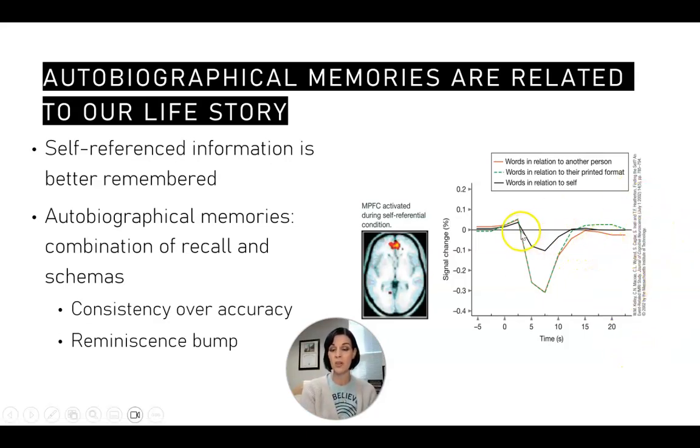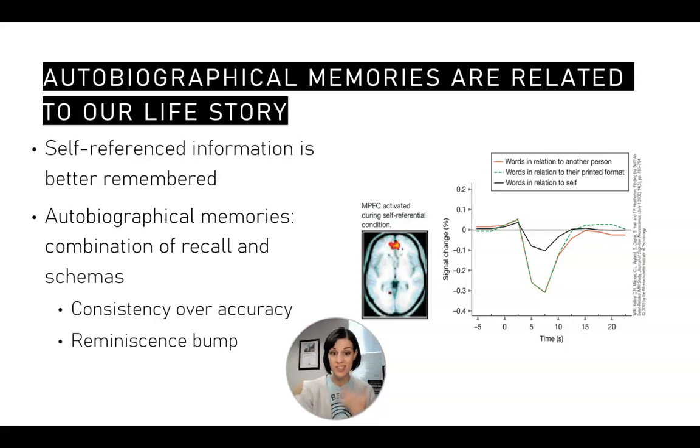They look pretty similar. Notice that there's less of a negative signal change for words in relation to ourselves. So it seems like there's something very special about information that is related to us compared to other types of processing. Now, let's talk a little bit about our autobiographical memories.